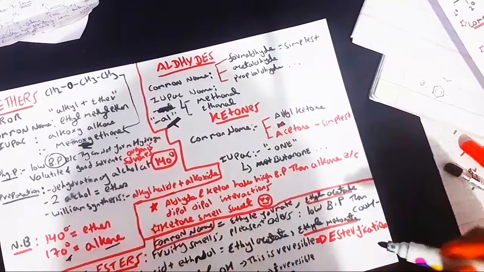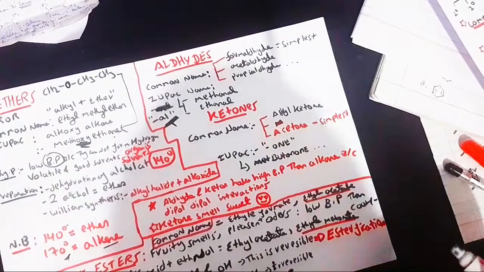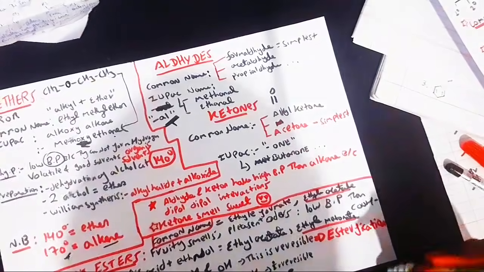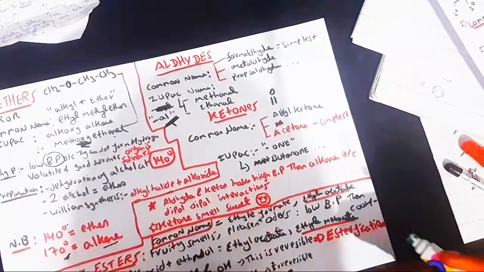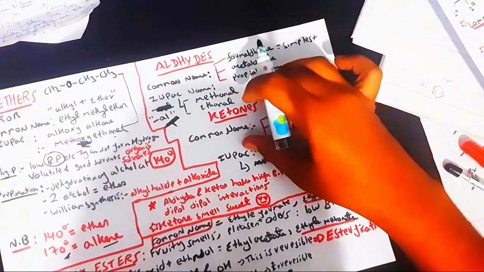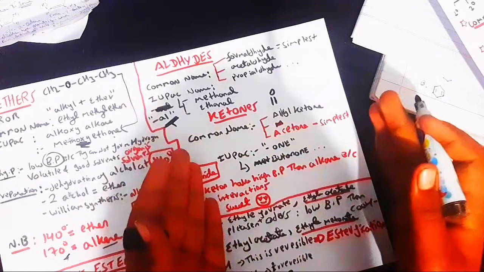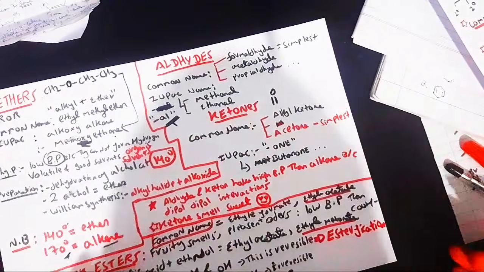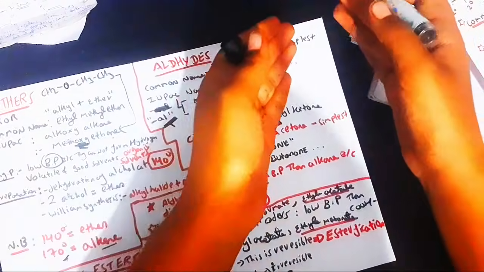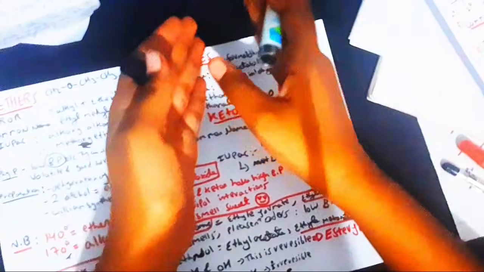So the other one is a ketone. So the ketones are only double bonded with O. What makes them different from the aldehyde is that they are only double bonded with O, and they can be at any position in the carbon chain. They can be at the end or at the middle. But aldehydes are only at the end, they do not come in the middle.